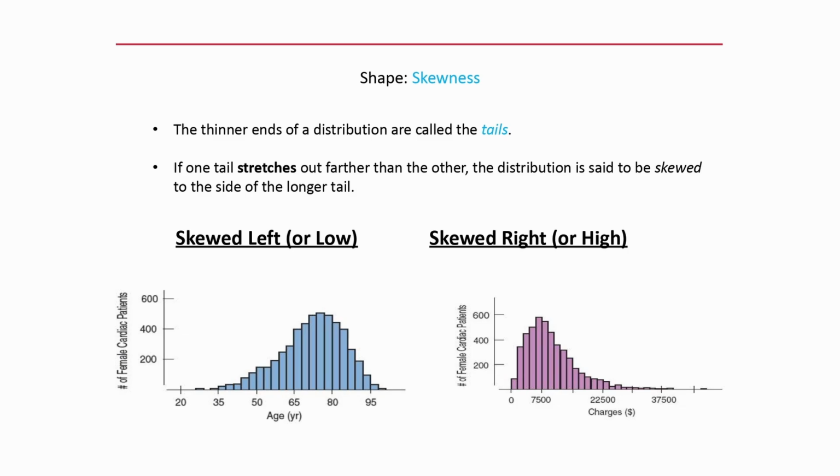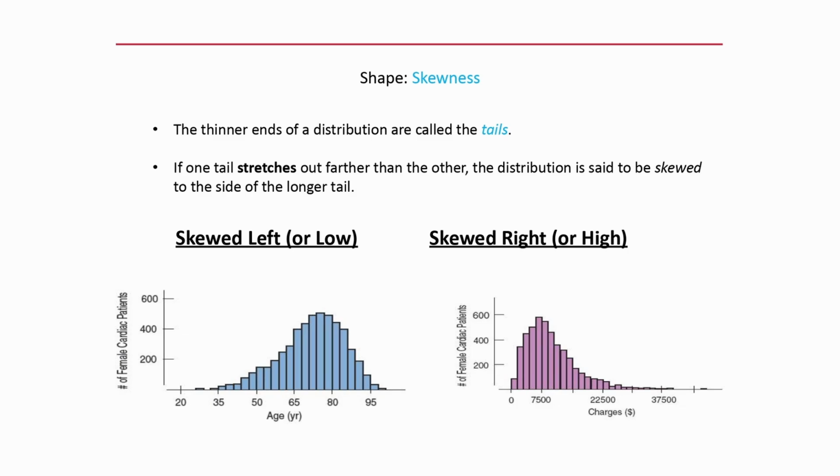That is, if you were to try to draw a line down the middle and match the left half and the right half up of these histograms, those tails would not match up with anything. So we call these graphs skewed to the left and skewed to the right appropriately, the direction from which the longer tail stretches. You can think about the tails being arrows pointing in the direction of the skew. When it's pointing to the left, skewed to the left. If it's pointing to the right, skewed to the right.